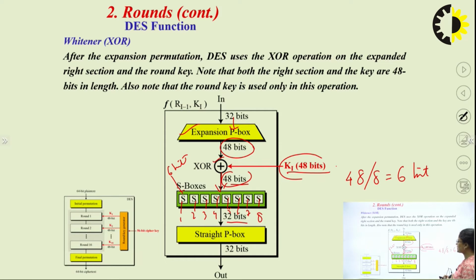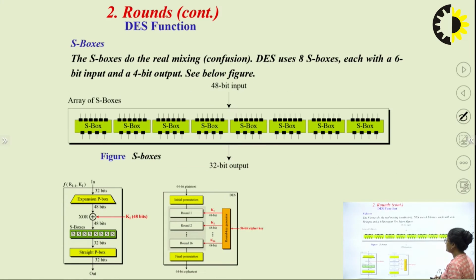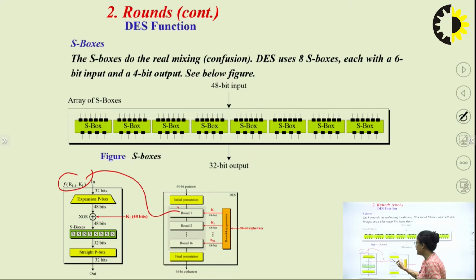Let me explain how exactly it is converted. Right now we are talking about the function, which is inside each round. In the function, we have already explained P-box. We are now starting with S-box. As I said, we'll be having 8 S-boxes.